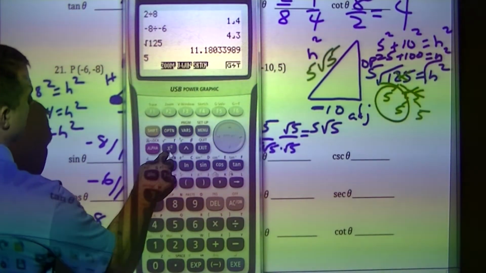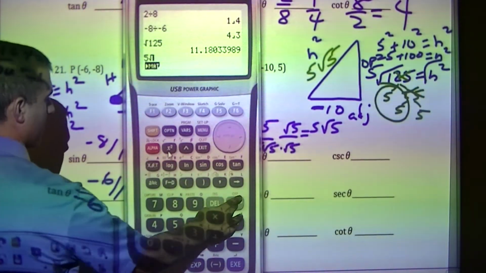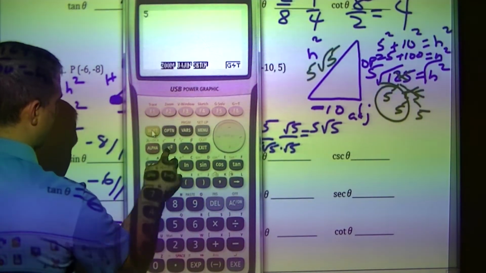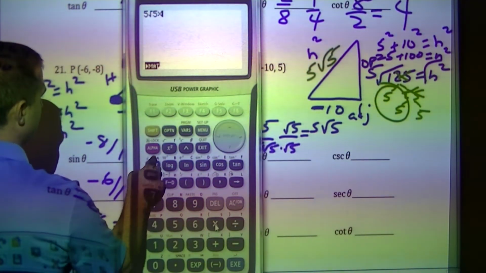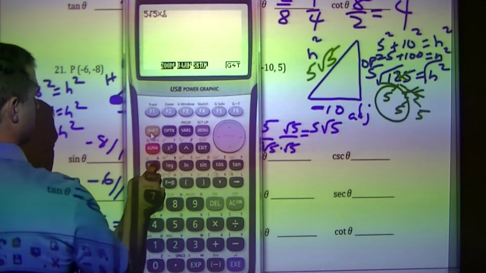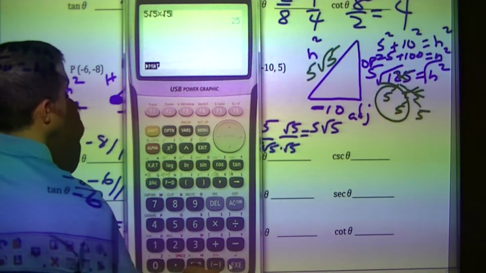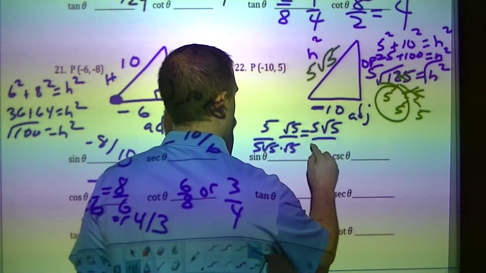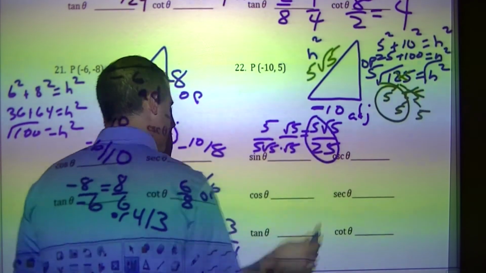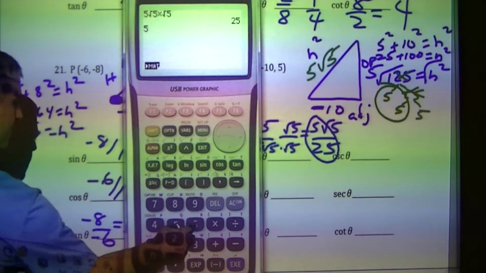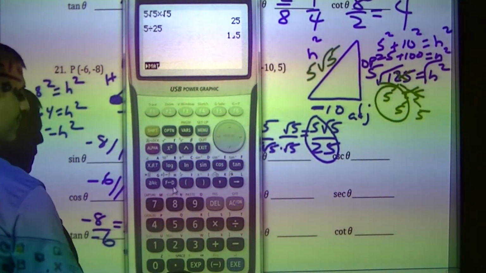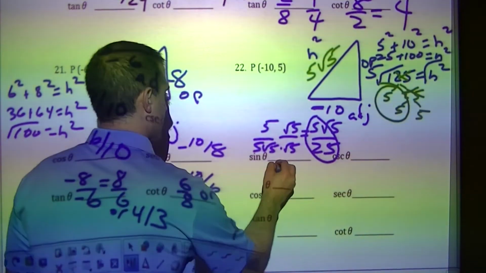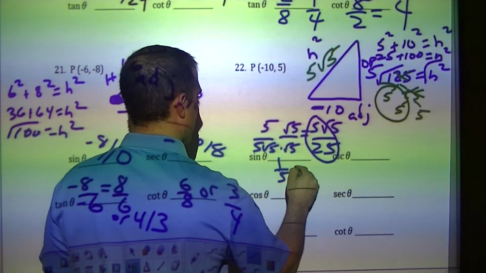And what's nice is you only have to do that once, okay? So I've got 5 square root of 5 times square root of 5. Okay, so I got 25. So if I divide these two numbers out front, the 5 divided by 25, I get a fraction of 1/5. Okay, so sine is going to be 1/5 square root of 5.